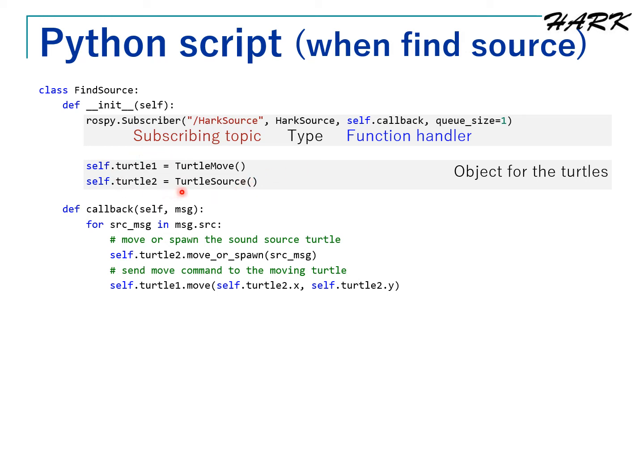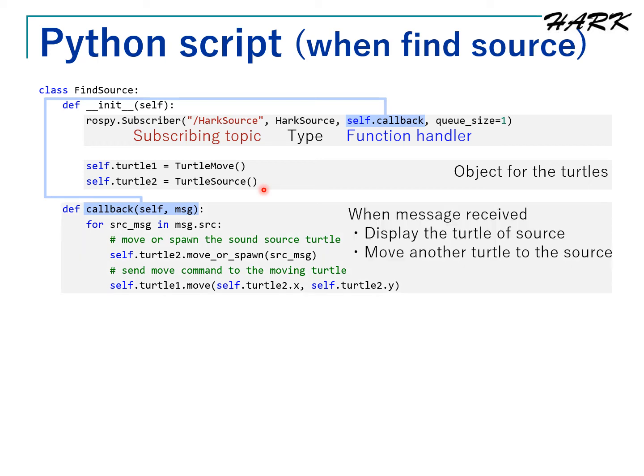One is to track the sound source, turtle move, and the other is to display the source, turtle source. The next block defines a procedure when a sound source is found. For each sound source contained in the received data, the turtle is displayed according to the sound source direction, and the move command is sent to the tracking turtle.